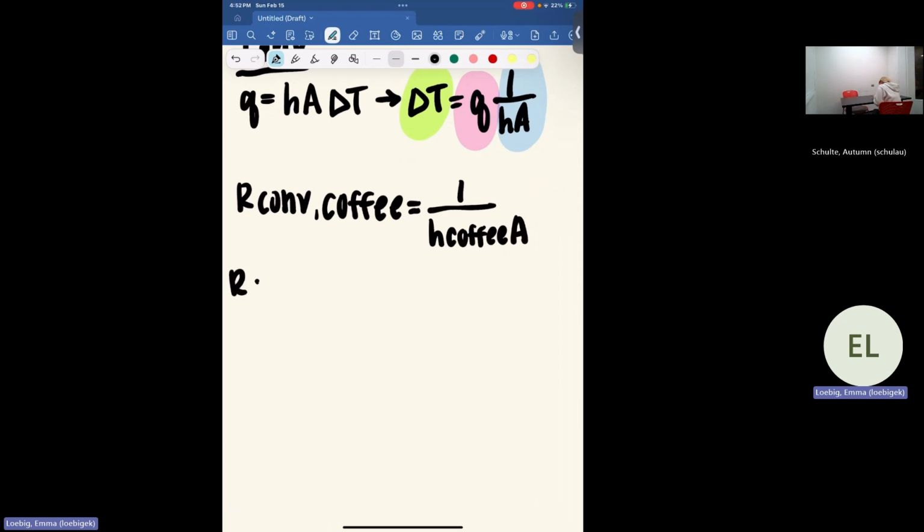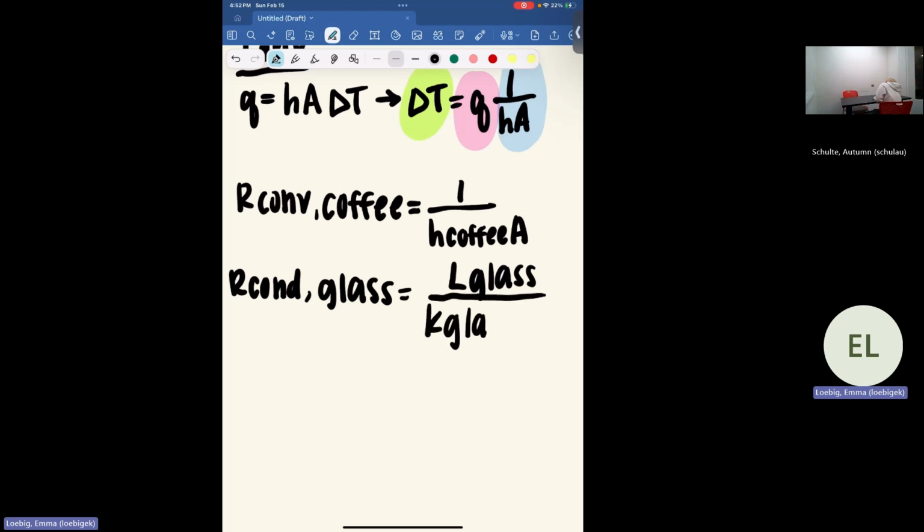Our conduction term through the glass is going to be the thickness of the glass divided by the thermal conductivity of the glass multiplied by the area.